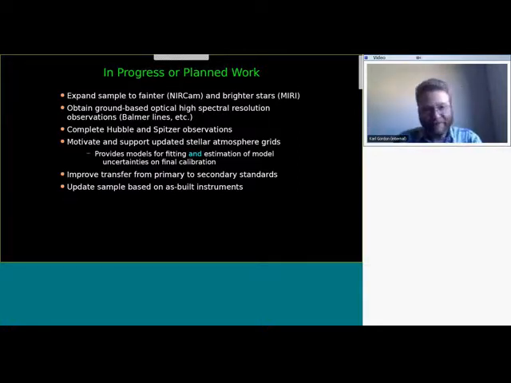The in-progress or planned work. We want to sample both fainter and brighter stars, and obtain ground-based optical high-resolution observations, so we have another way of getting the stellar atmosphere parameters. We'd like to make sure we complete the Hubble and Spitzer observations, support updated stellar atmosphere grids, and improve the transfer from primary to secondary standards.